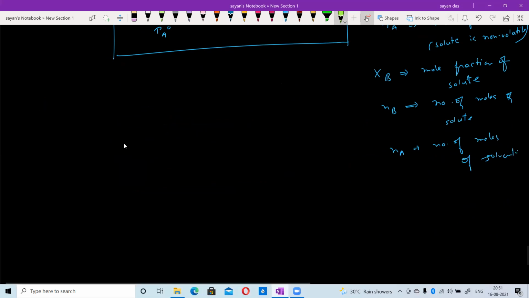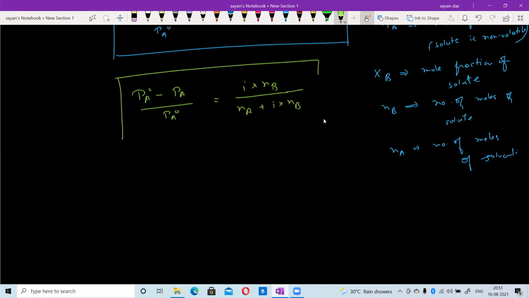This formula only changes this way: PA naught minus PA divided by PA naught, and instead of this you can just write i, where i is colligative property, which is only applicable for solute, not for solvent. Okay, only this formula changes this way.